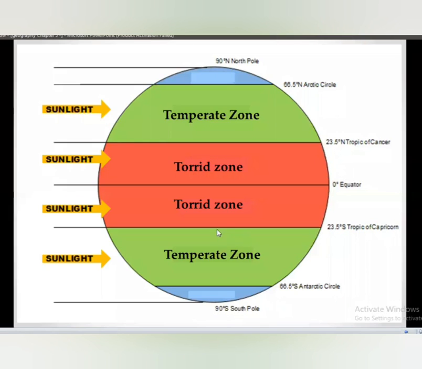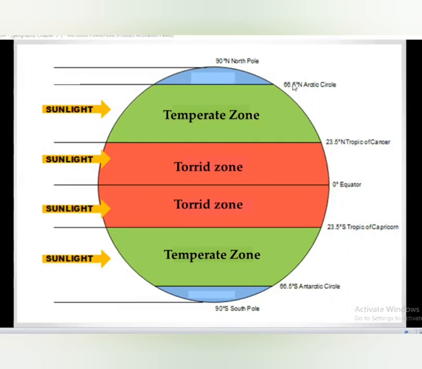Now, the regions shown in blue color, that is from Arctic Circle to North Pole and Antarctic Circle to South Pole.